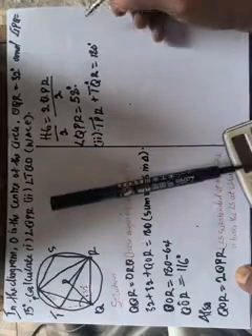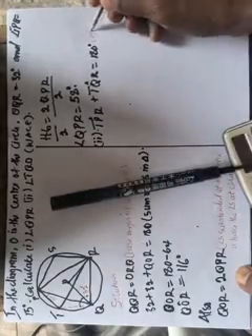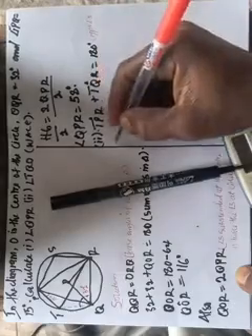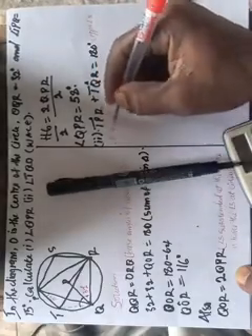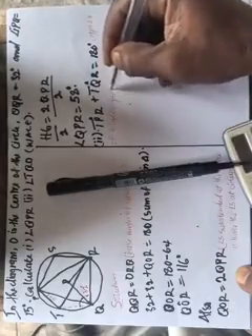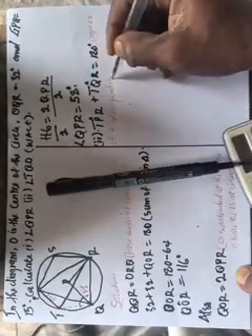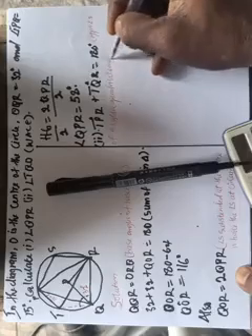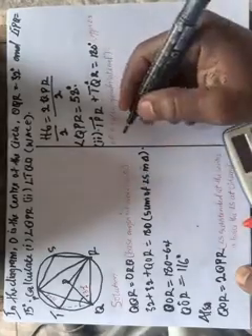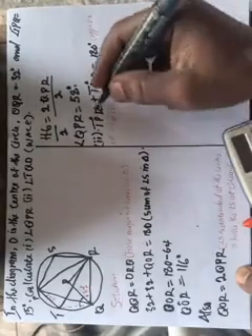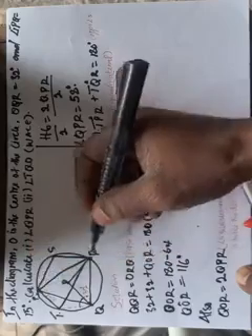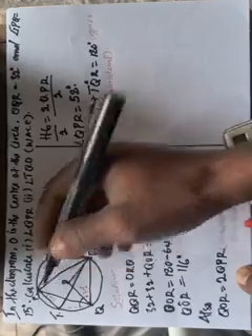What's the reason? Opposite angles of a cyclic quadrilateral. So now, what are the opposite angles? TPR is 15 and 58.